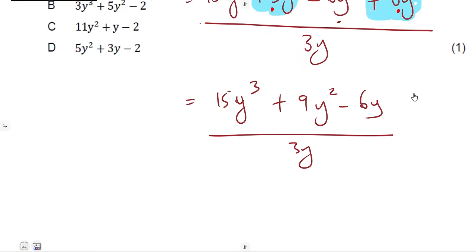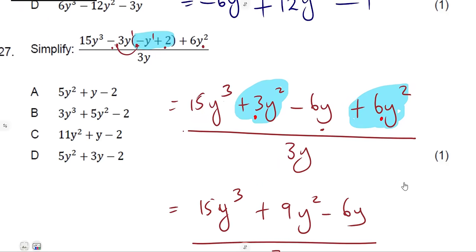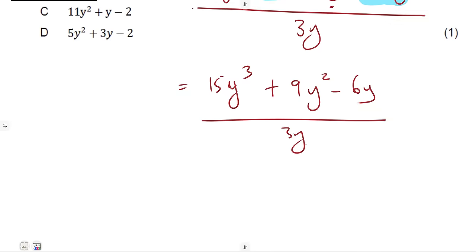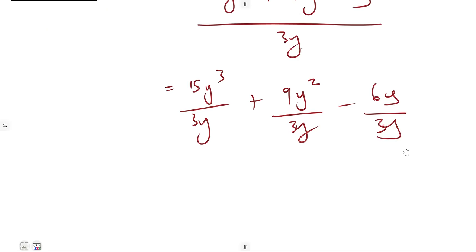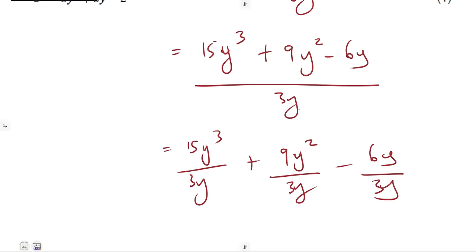Basically there, I'm simply going to divide each and every term by the denominator. This is our basics of algebra, guys, working with those algebraic expressions. Each and every term, divide by what? By 3y like that, so we're going to have 3 into 15, that's 5.